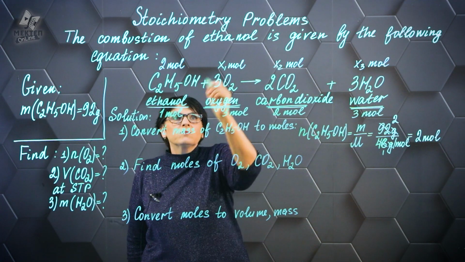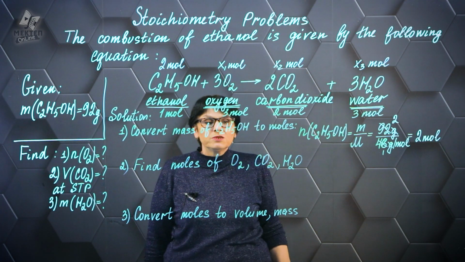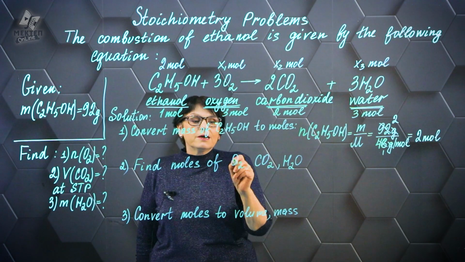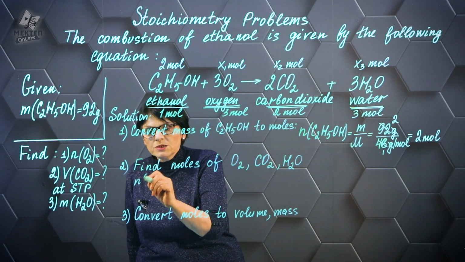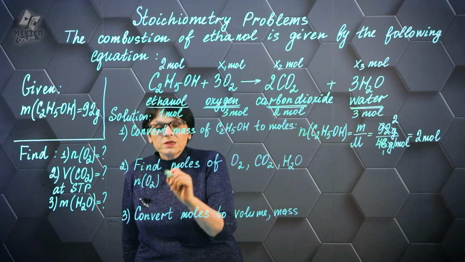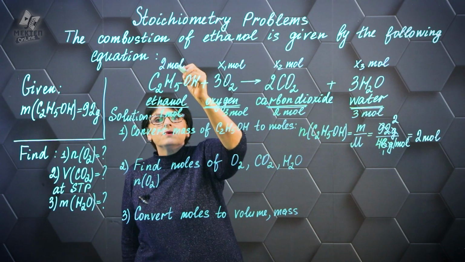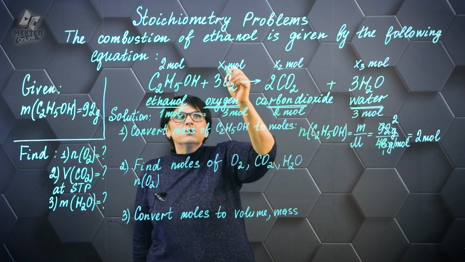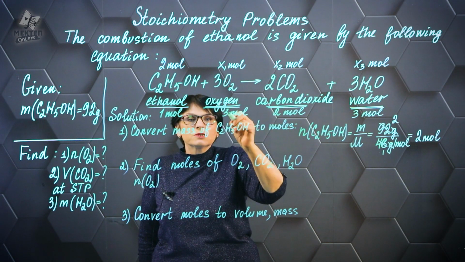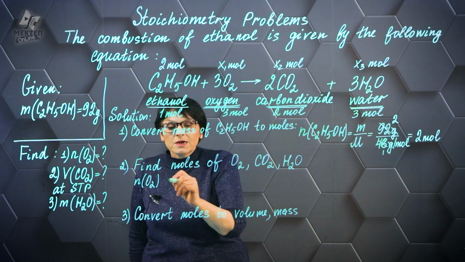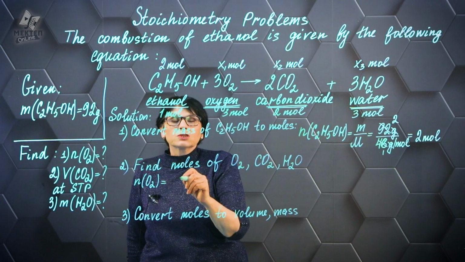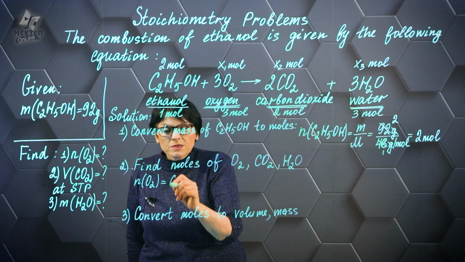This follows from the usual proportions that you can see in front of you. For oxygen, we find the number of moles: 2 moles to 1 mole as X1 to 3 moles. And then for oxygen, the number of moles will be 6.